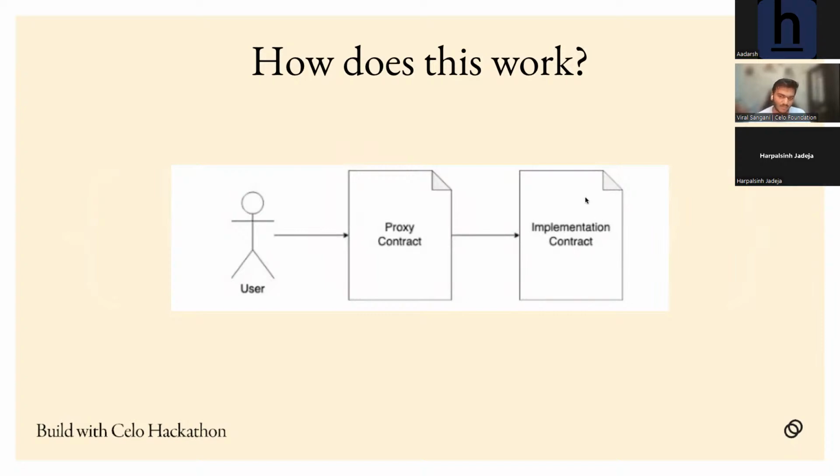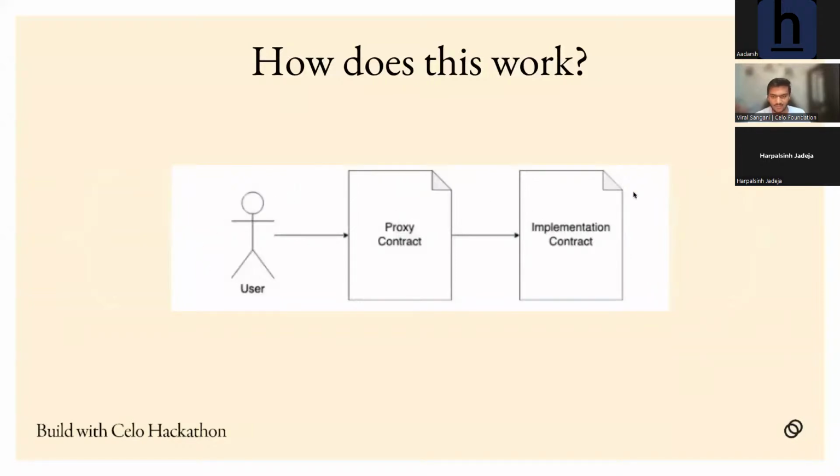But at the time of deploying it, you deploy two smart contracts. First is an implementation smart contract that won't be used directly by your end users. You'll deploy a second smart contract called the proxy contract. The end user will be using your proxy contract to integrate with the implementation contract.